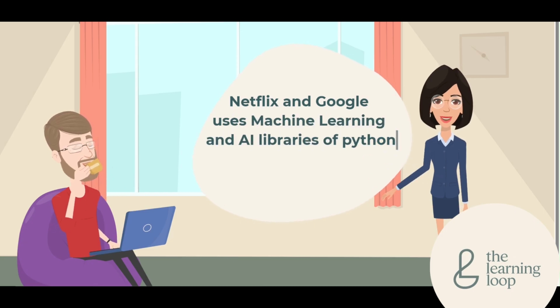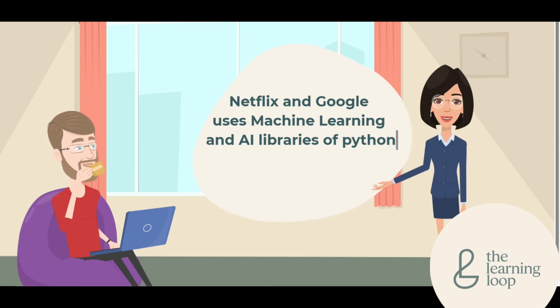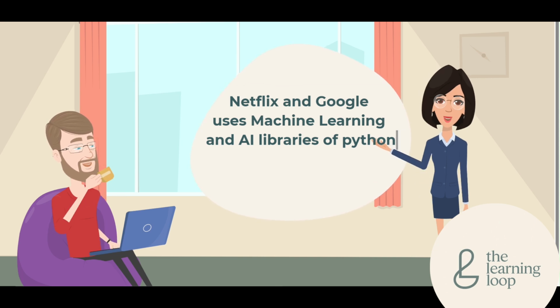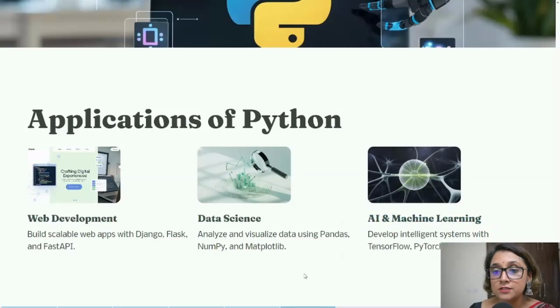To give you an example, Netflix and Google use AI and machine learning aspects of Python. Netflix uses Python for their recommender systems, where they recommend shows to users on the basis of the history of shows they have watched.